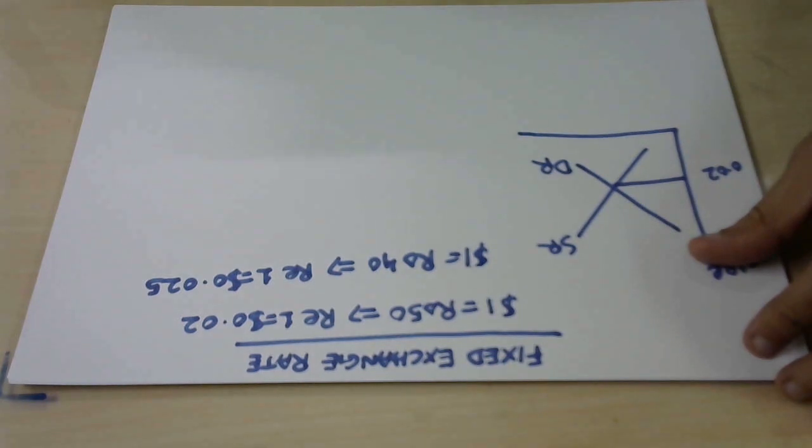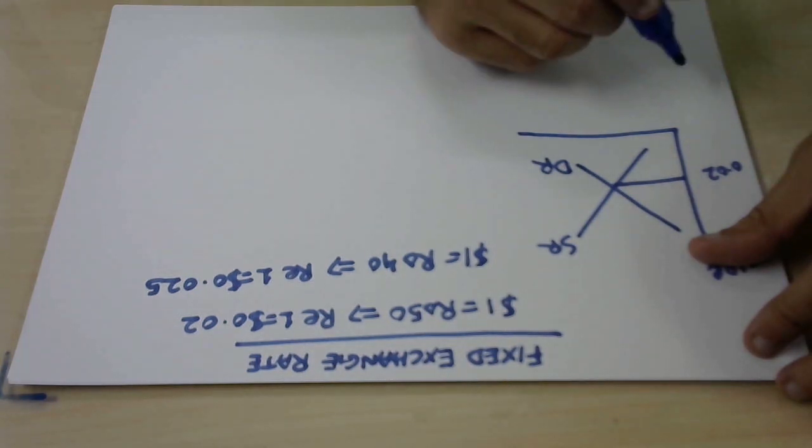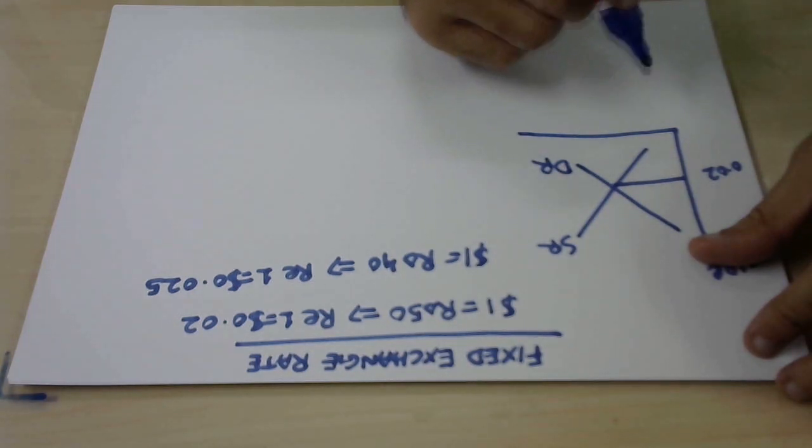Now when I am giving dollars to the central bank and getting rupees, the money supply in the economy is increasing, which causes the supply of rupee in the domestic economy to increase.